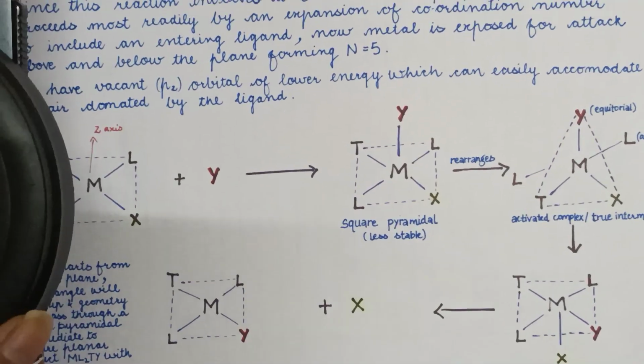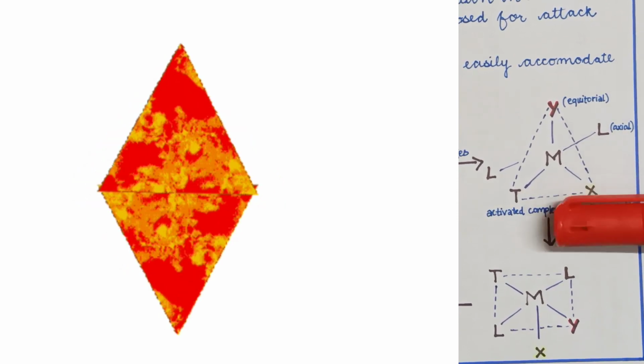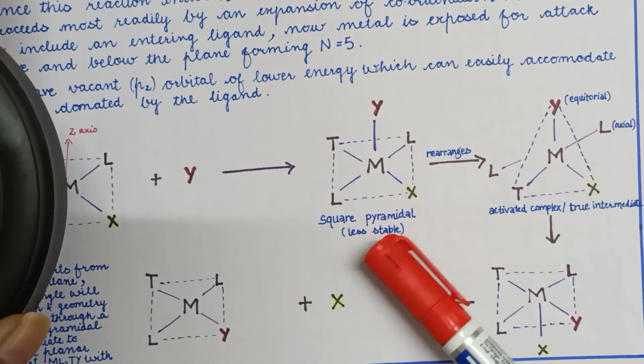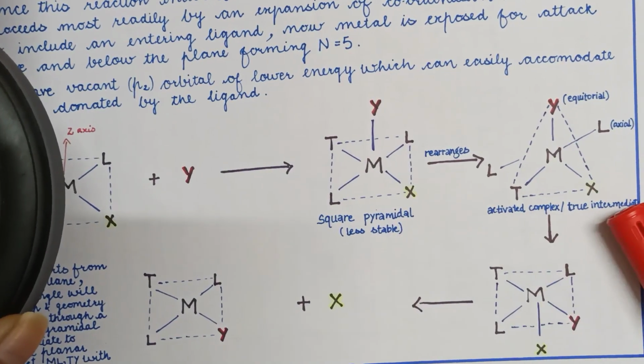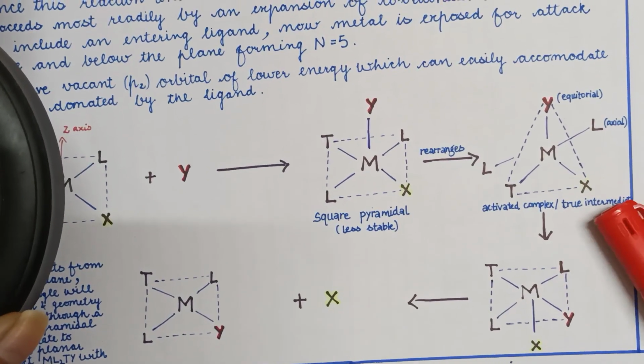The rearrangement happens right here, in which the Y takes an equatorial place along with the X and T, and L and L ligands are present in the axial position. Now this complex is called the activated complex or the true intermediate, because this was very less stable and this is quite stable.